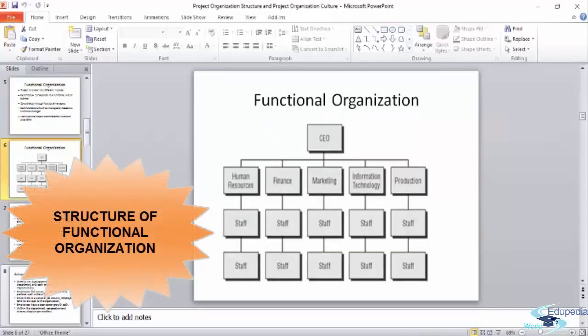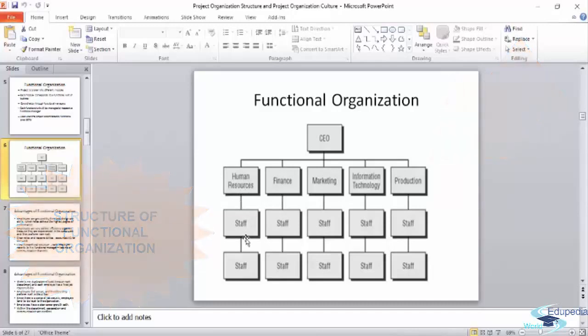So this is the structure of a functional organization, where you have the CEO and various functional managers who take care of HR, finance, marketing, IT, production. Normally you have the vice presidents reporting to the CEO, and under them the functional managers for each area. They in turn have the team members working under them.